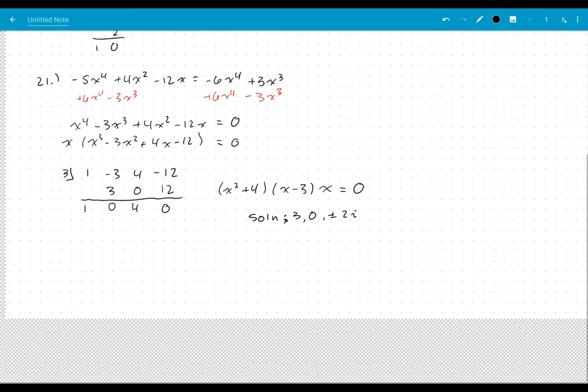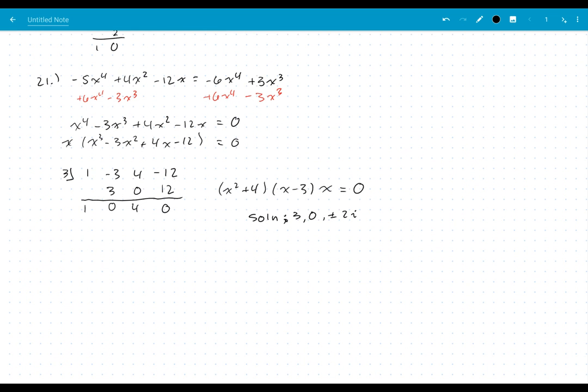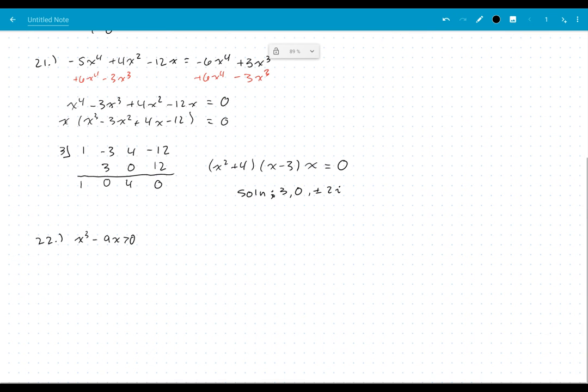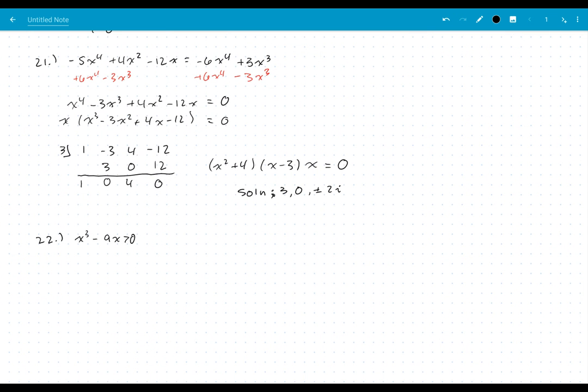All right. On to question 22. We're trying to find the solutions of the inequality. So we start off with x cubed minus 9x is greater than 0. Okay. So we do this just by finding the solutions to this function, right?